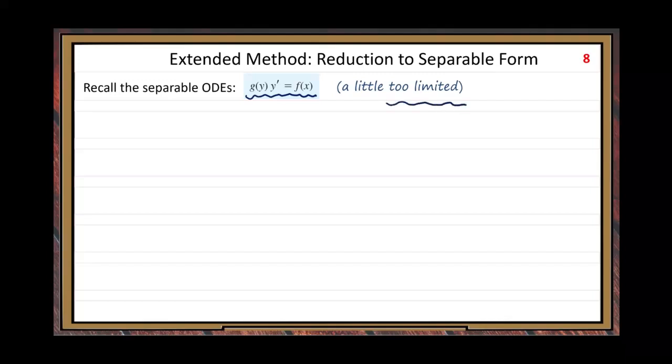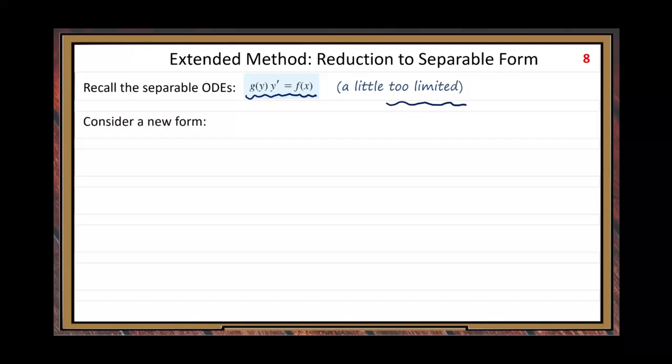So now we want to extend it. That means even if this form is not satisfied, we have a chance to make it separable. At first view it may not be separable, but when we do some special transformations, then we can convert it to a separable ODE form.